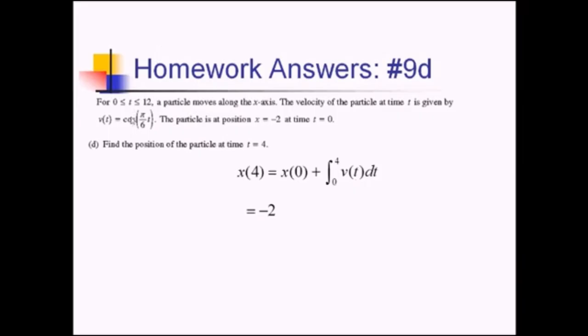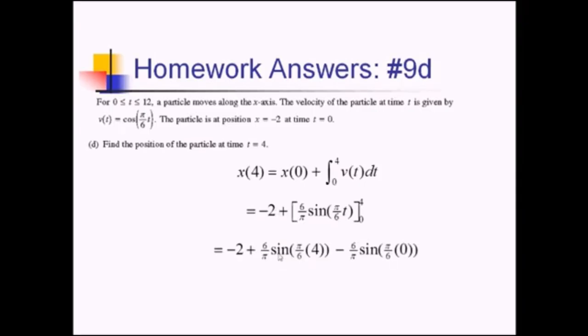So that's going to be, let's see, sine of pi over 6 t divided by pi over 6. So that's going to be 6 over pi, sine of pi over 6 t, evaluated from 0 to 4. So I've got negative 2 plus all this with 4 plugged in, minus all this stuff with 0 plugged in.